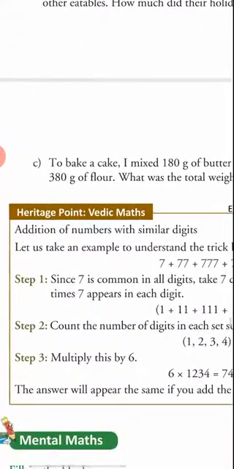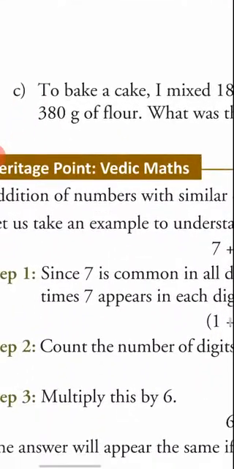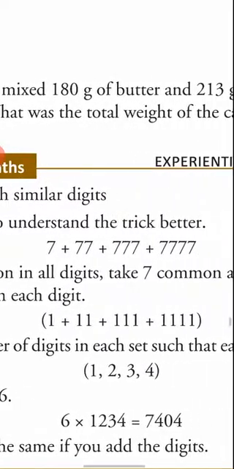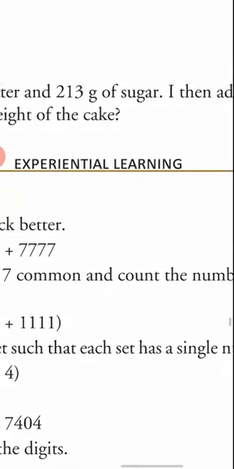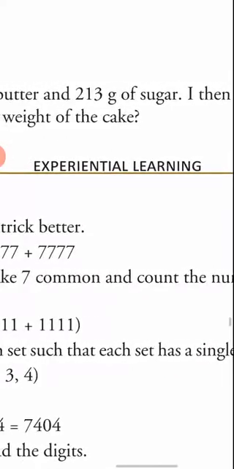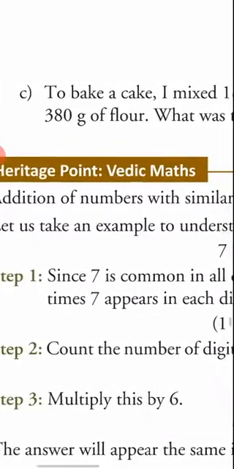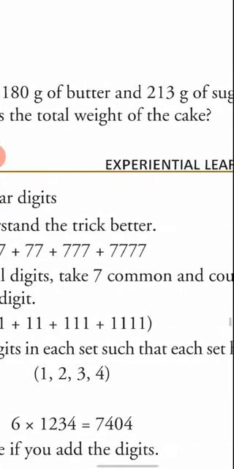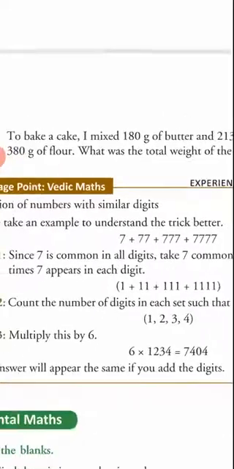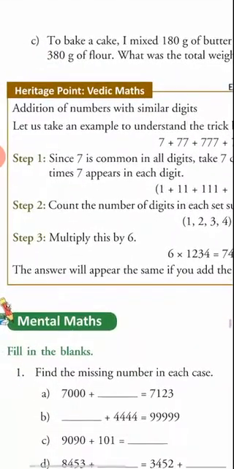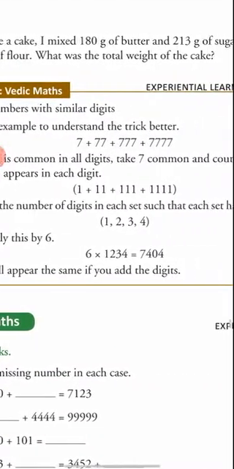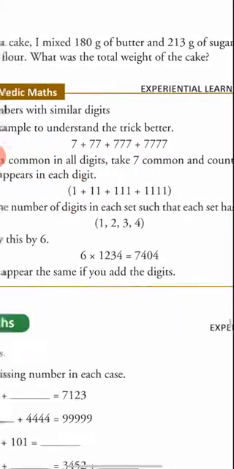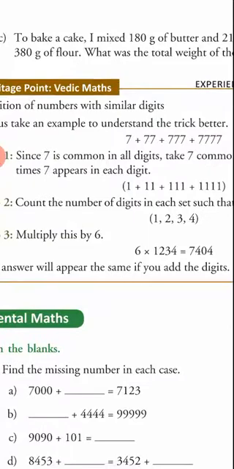So now move towards the C part, and that is to bake a cake. I mixed 180 gram of butter and 213 gram of sugar. I then added 380 gram of flour. What was the total weight of the cake? So here, 180 gram was butter, 213 gram of sugar, and then 380 gram of flour.